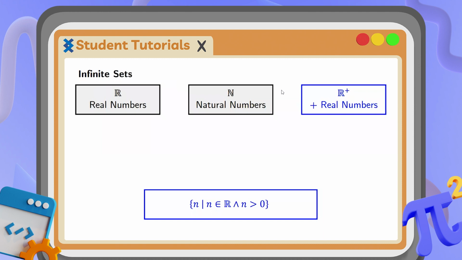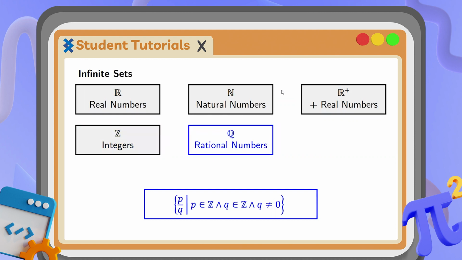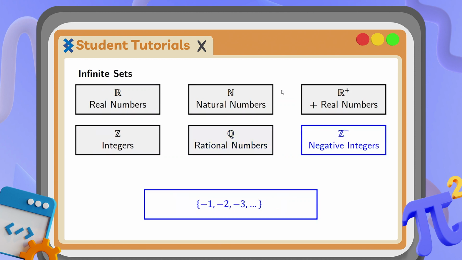So there are more sets to be discussed here. We have the set of all integers: negative, positive, and 0. Then we also have rational numbers, which is from the word ratio, a ratio of two integers where q, or the denominator, is not equal to 0.